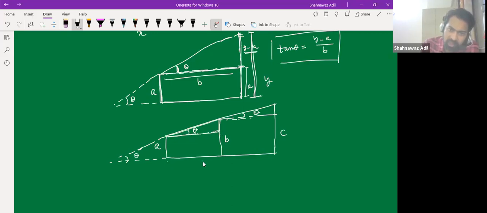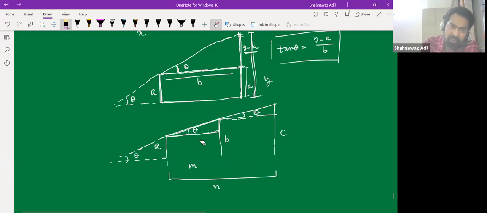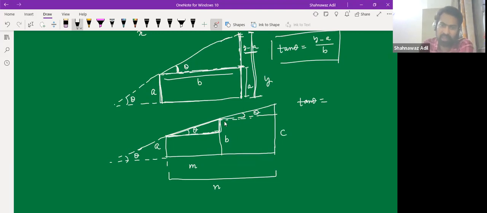Now you tell me, if I take this triangle, let's say from here to here this is M, and from here to here this is N. If I calculate the slope of this triangle, that would be tan theta, and this would be how much?